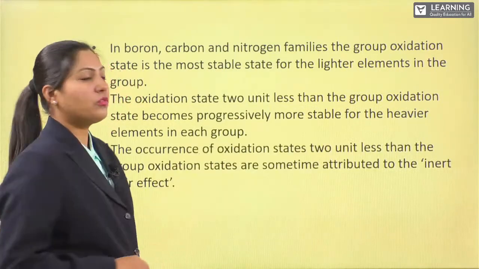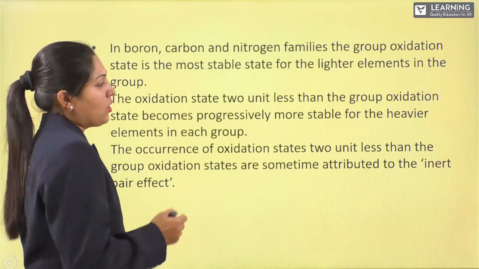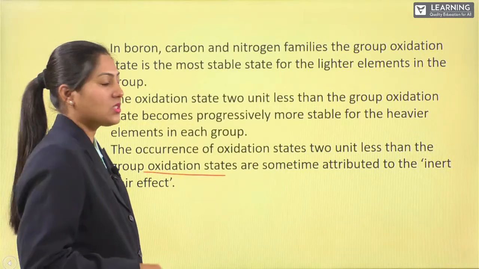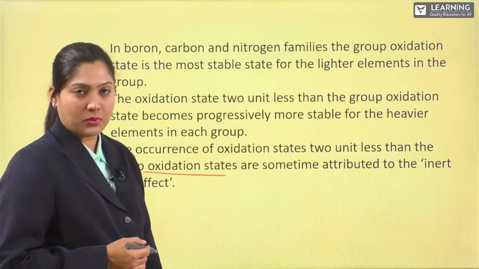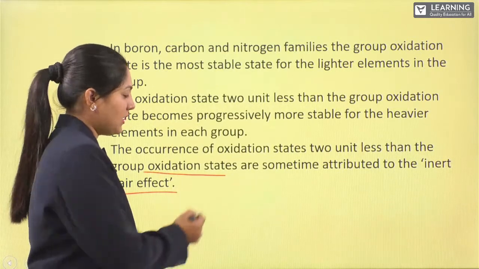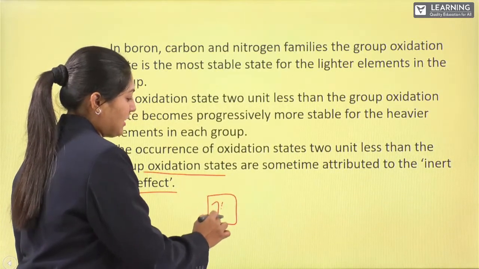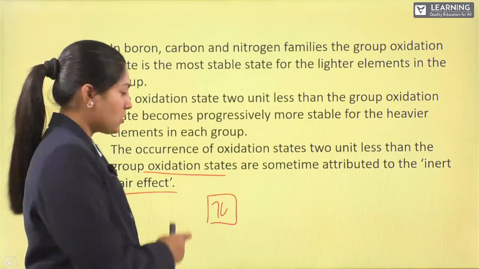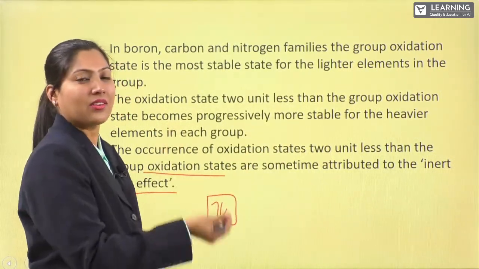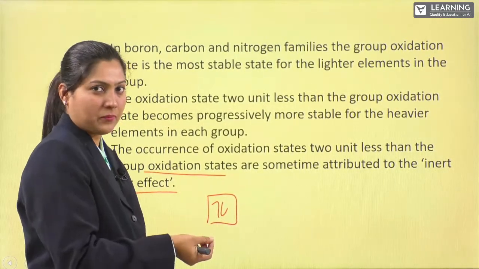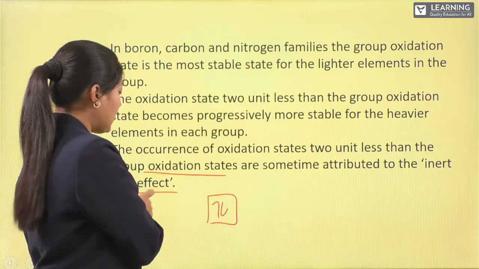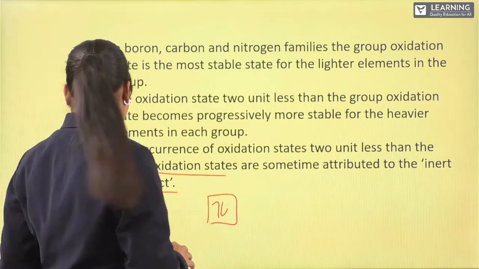So the occurrence of oxidation states 2 units less than the group oxidation states is sometimes attributed to the inert pair effect. That is what I just said. You will be having the s orbital and it will be paired. Inert means they are not reacting or responding, so we need to give more energy for that. That effect is called the inert pair effect.